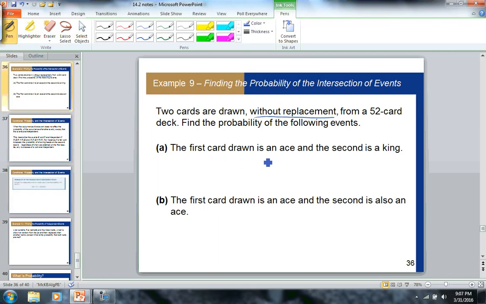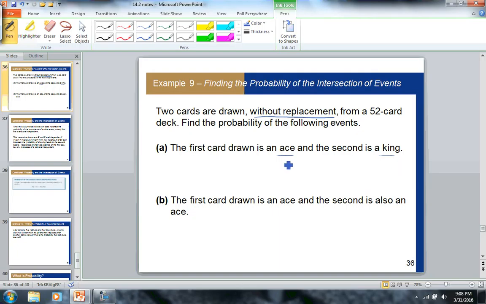The first card drawn is an ace, and the second drawn is a king. Now, drawing an ace isn't really going to affect the number of kings that you have because they're not the same card. But after you draw that ace, you're not replacing it, so then you have fewer cards to choose from to get that king.